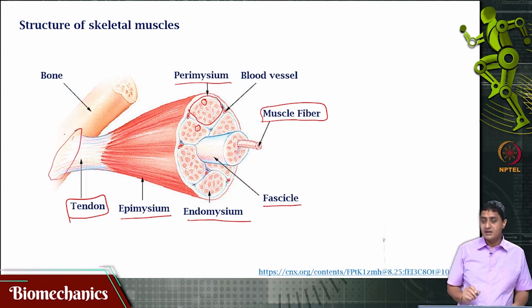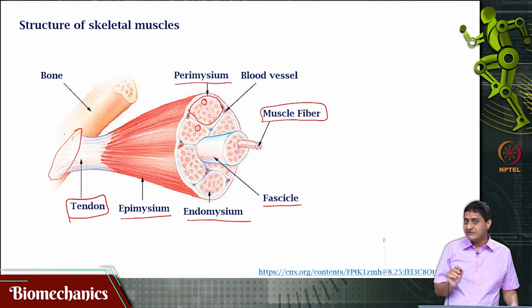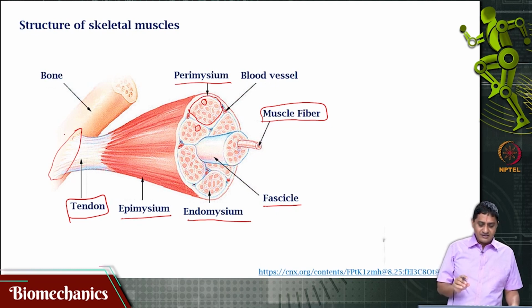Note that there is a difference between tendons and muscles. Muscles can be neurally controlled, whereas tendons only transmit produced force, but muscles can produce force. So, there is some fundamental difference between the two. We will be seeing the role of tendons in biomechanics in future classes, but for now the muscle continues on to become the tendon and then attach to the bone.